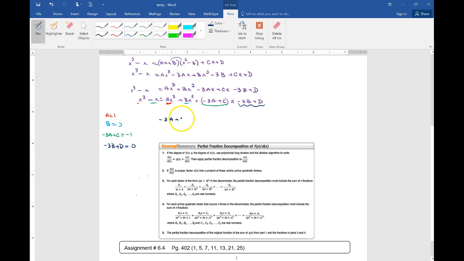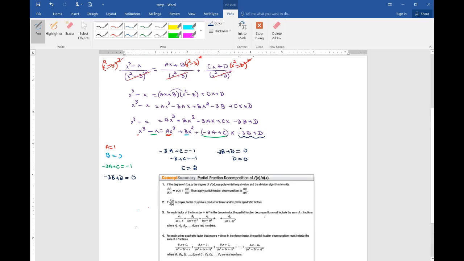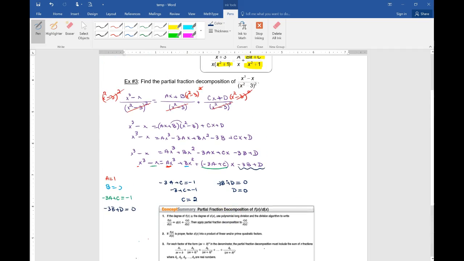Negative 3a plus c is equal to negative 1. Negative 3 plus c is equal to negative 1. C is equal to 2. And then I have negative 3b plus d equals 0, but b is 0, so how much is d? 0 as well. All right, so let's write this stuff down.